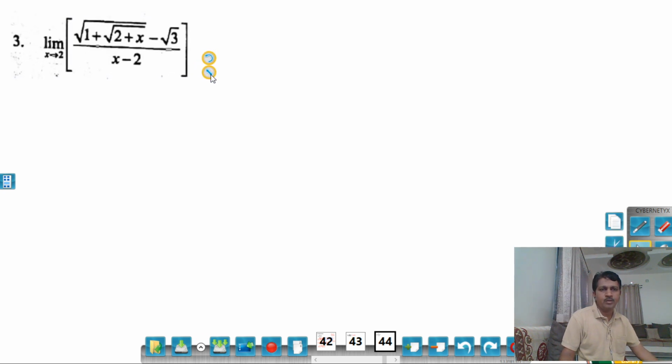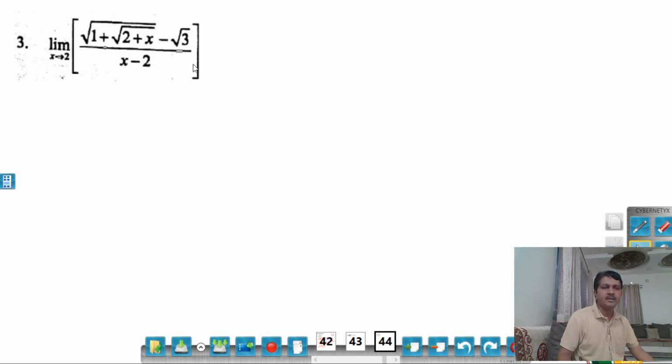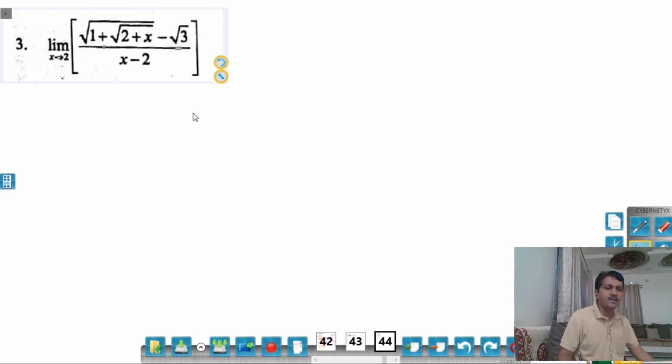In this case, the numerator contains the irrational terms, and to simplify further, I have to rationalize the numerator. So I should multiply the numerator and denominator by the conjugate of the numerator.